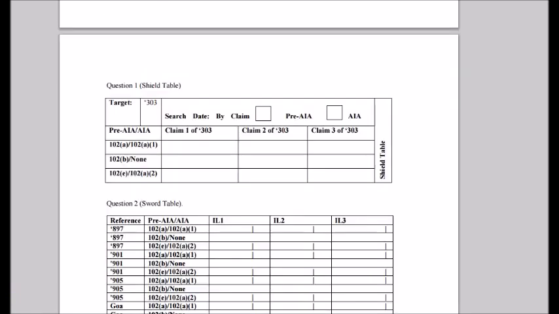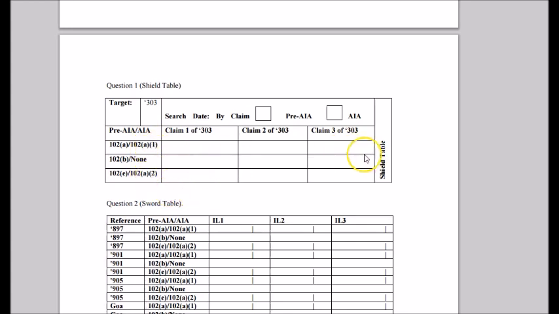It's populating this shield table, first deciding whether it's treated under AIA or pre-AIA, which is an application decision. Once one or more claims in that application are treated under it, the entire application is. And then we populate the dates for whether it's pre-AIA 102(a), (b) or (e), or AIA (a)(1) or (a)(2).